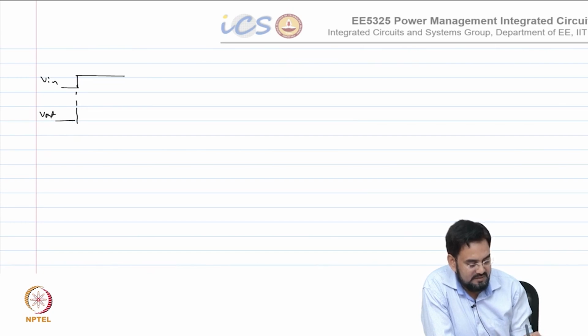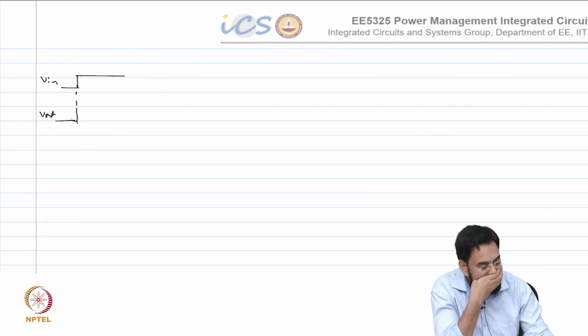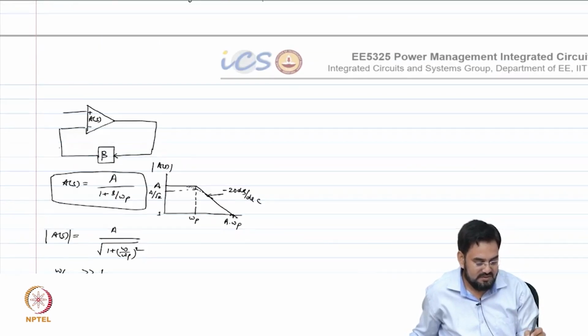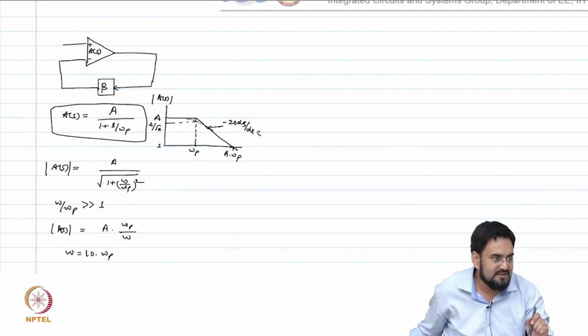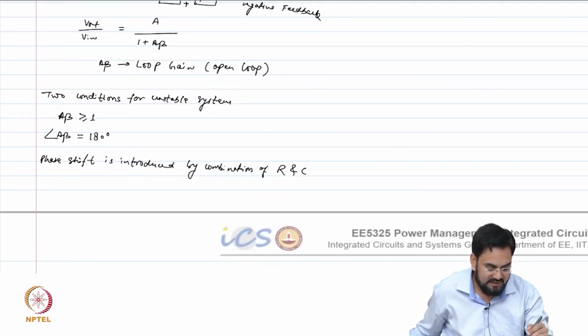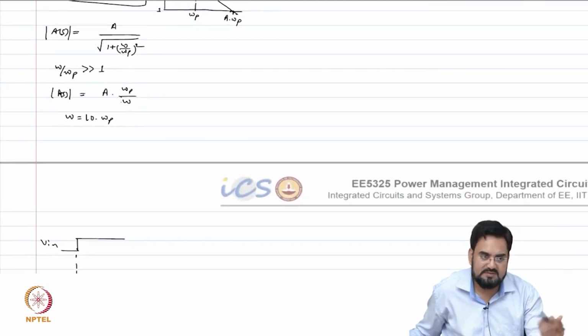How will it look? Step response, 1 minus e to the power minus t over tau. One way: you know the transfer function A(s) is A over 1 plus s over omega p. Now substitute here A over 1 plus A beta, that will give you your closed loop transfer function, and from there you do the inverse Laplace and you will get the exponential term.